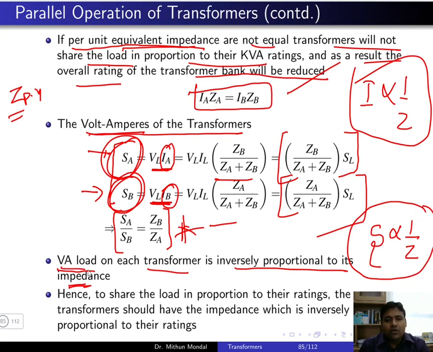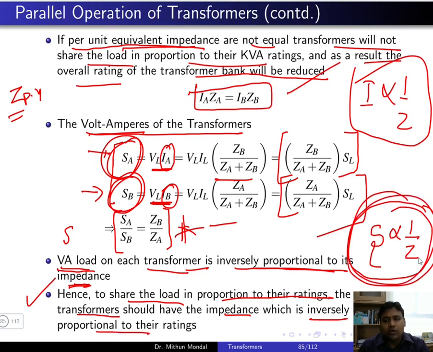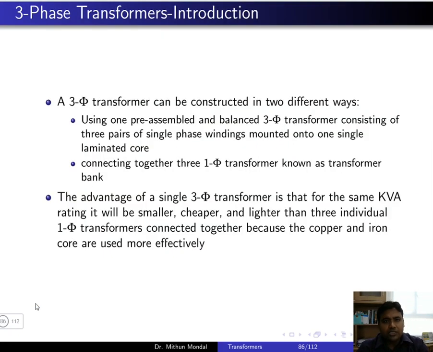Hence, to share the load in proportion to the rating, the transformer should have an impedance which is inversely proportional to the rating. Obviously the impedance of the transformer ZA will have to be inversely proportional to SA. This requirement is there for the parallel operation.